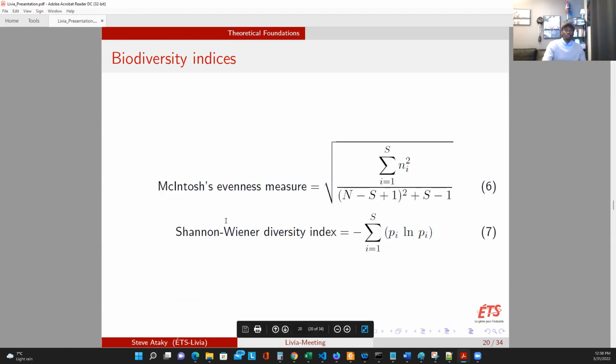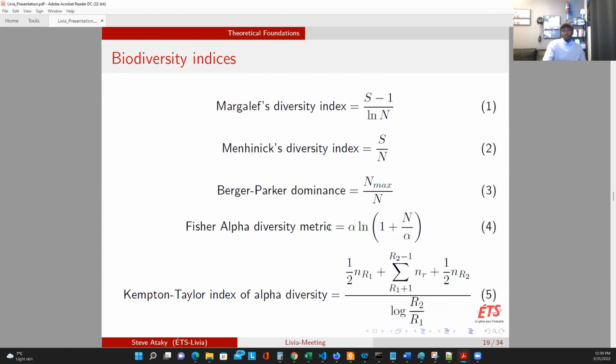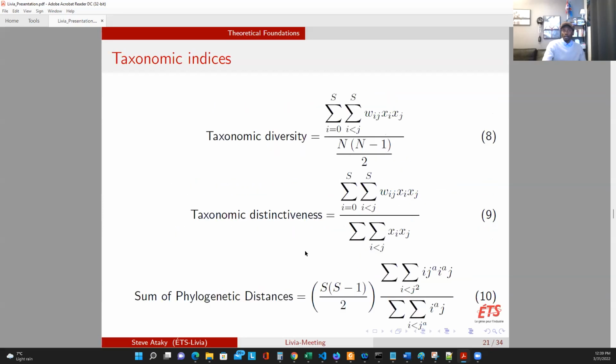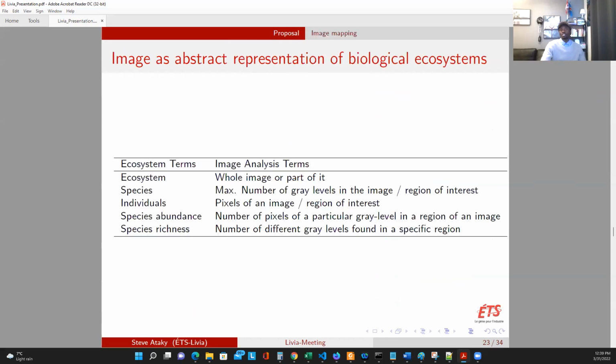We also have taxonomic indices, such as taxonomic diversity, taxonomic distinctiveness, and sum of phylogenetic distances, but all these are based on species richness, abundance, and evenness, and those are based on distance. So we are going to show how to apply all these concepts at the image level.